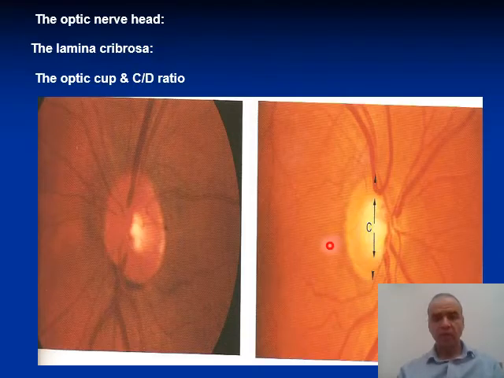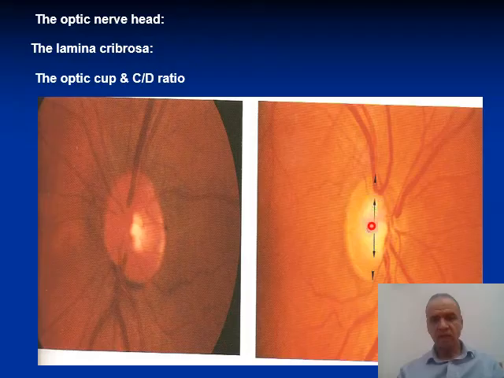Fundal examination to visualize the optic disc is mandatory for all patients with glaucoma. Normally, we should evaluate the optic disc and its relation to the central optic cup. You can see here an area with a color slightly less than the color of the periphery of the optic disc.